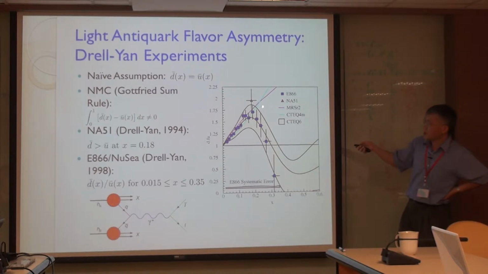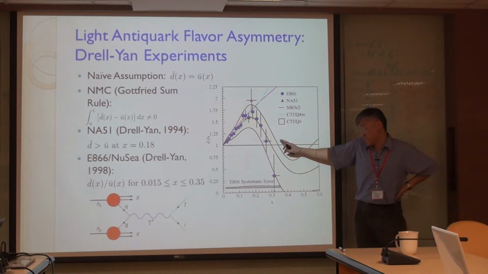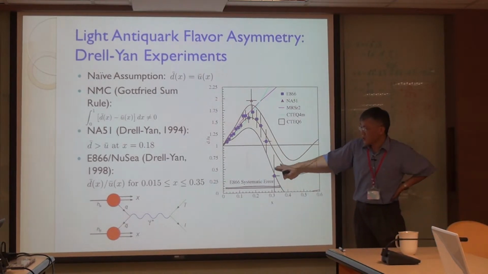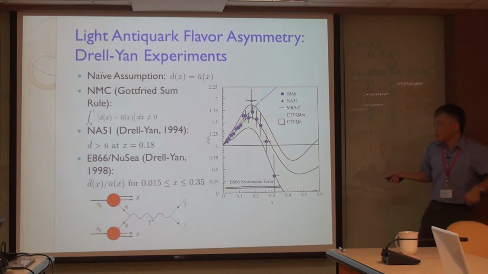More or less, NA51 was kind of a maximum point here. Then the trend dies down, and around 0.3 there is maybe some hint of a turnover. That means maybe when you go to the larger x region, U bar is greater than D bar. But of course, the error bar is quite large there. It's not very convincing.